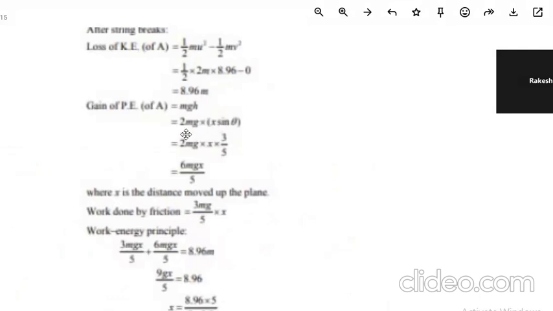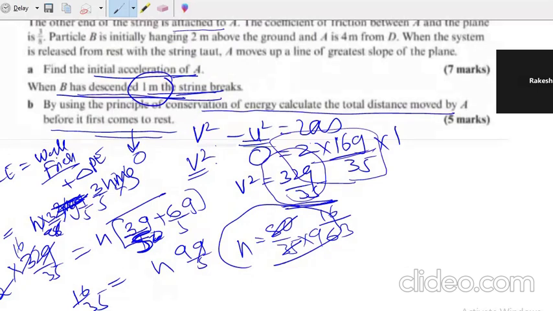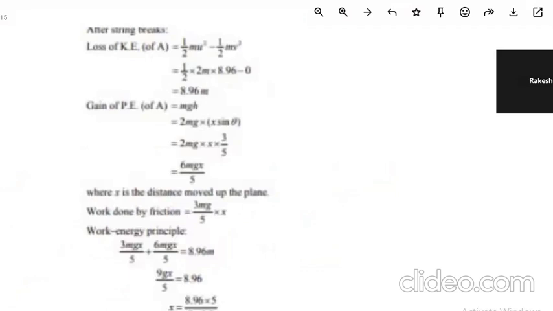So I took 2 mg x sine theta, 2 mg h into 3 by 5. This is what I did. Yeah, that's what he also has done. 2 mg h, 3 by 5, and the work done by friction is 3 mg by 5 h.